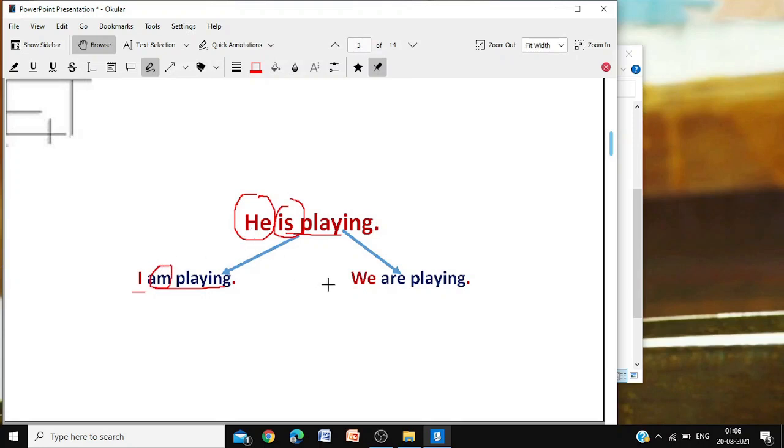If we change he to we, then is playing becomes are playing. It becomes are. So here we are changing in person from third person to first person, and here we are making it plural, singular to plural.